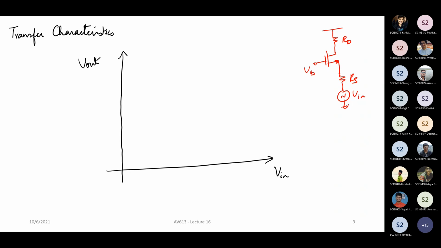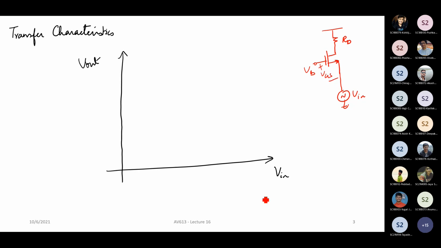Now, if this is the case, first of all, if your Vin is very low, what happens? Maybe for this transfer characteristics, we'll not have all this Rs and so on. What we are saying is, what happens if this input node of your common gate amplifier is swept from 0 to VDD? Now, if it is very close to 0, you have a very large VGS, right?